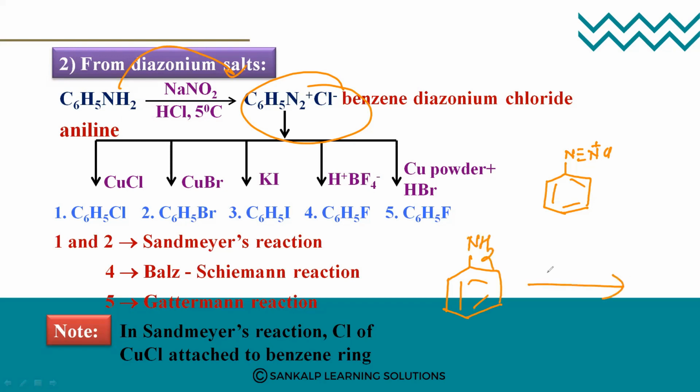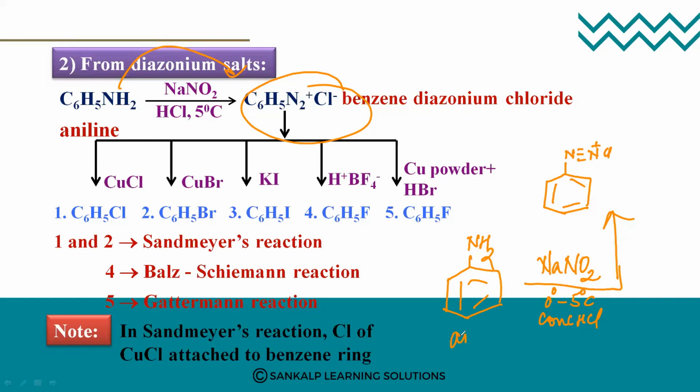This aniline you have to treat with sodium nitrite at 0 to 5 degrees Celsius in the presence of concentrated HCl. You obtain the diazonium salt. So these are the reaction conditions.